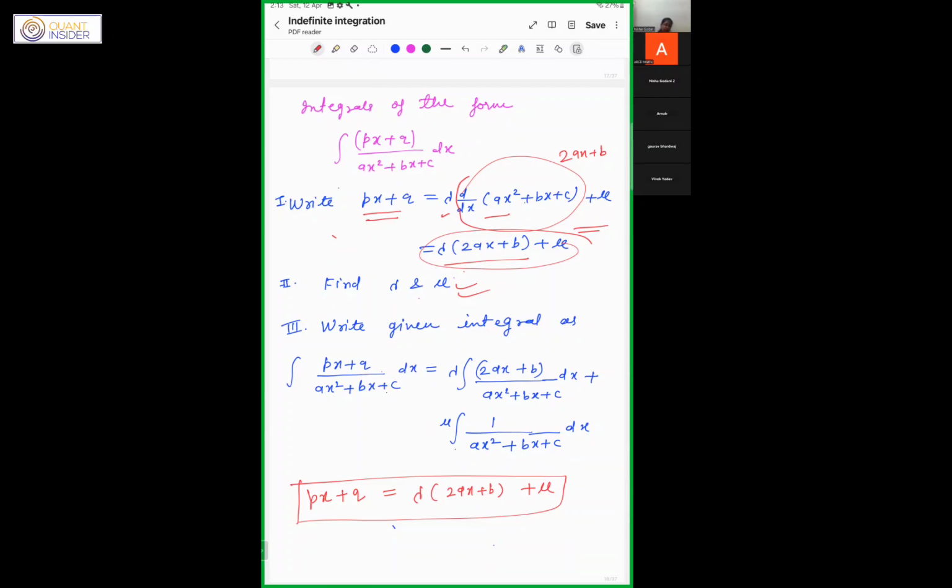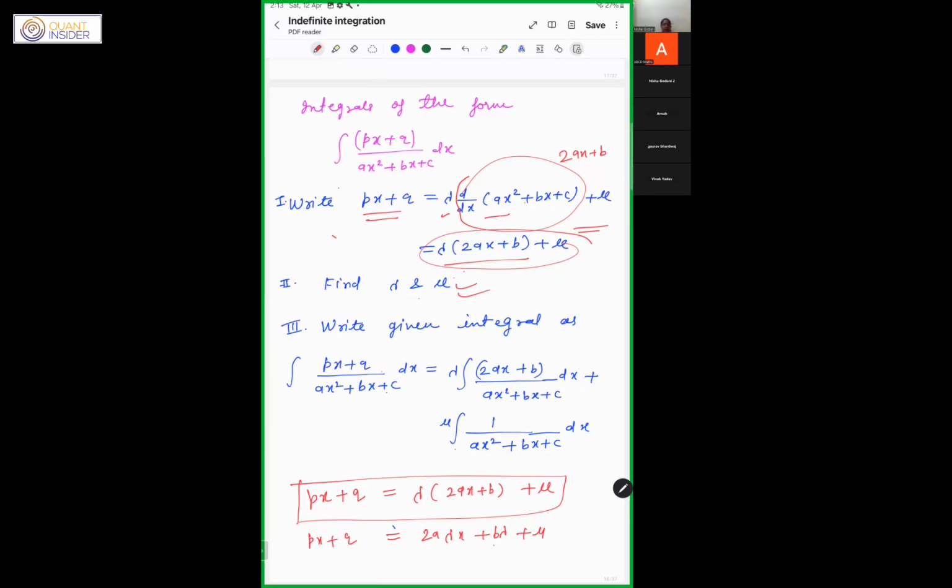Now the question is how to find lambda and mu. Whenever you have such a step, you multiply by lambda. So you have 2a lambda x plus b lambda plus mu. On the left hand side you have px plus q.